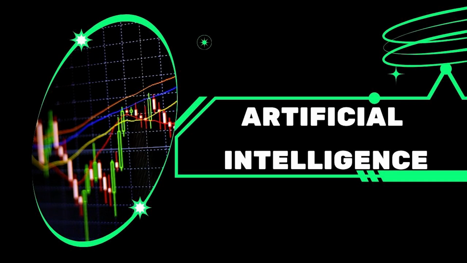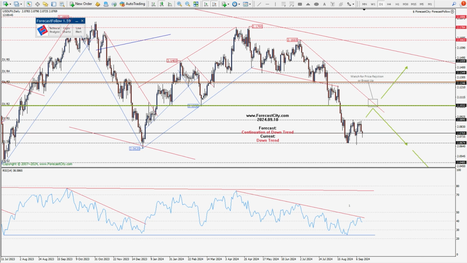Let's move on to the analysis of the artificial intelligence machine. The artificial intelligence analysis machine considers this area important instead of this area because of these collisions. And it says if this trend line, which incidentally also intersects with this level, is broken, it's a sign of an uptrend. And then if it acts in the opposite way and breaks this part and turns downwards, it's a sign of a downtrend, and we can have a sell.